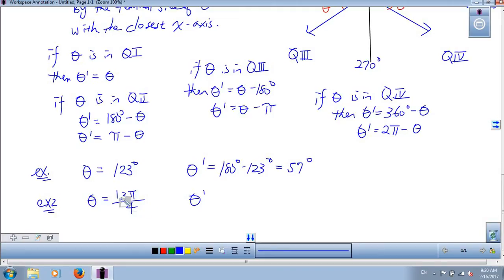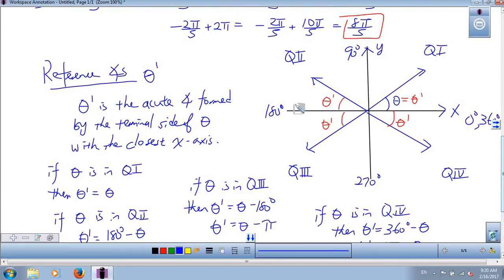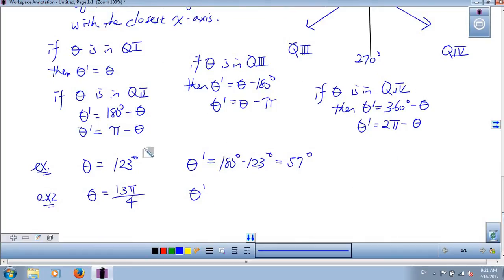And 13 divided by 4 is 3 with a remainder of 1, because 3 times 4 is 12. So think about this. We started with 0, and then this is 1 pi, this is 2 pi, this is 3 pi, and so it's 1 pi over 4 greater than 3 pi, so it should be in quadrant 3. So in quadrant 3, the reference angle is angle minus pi.